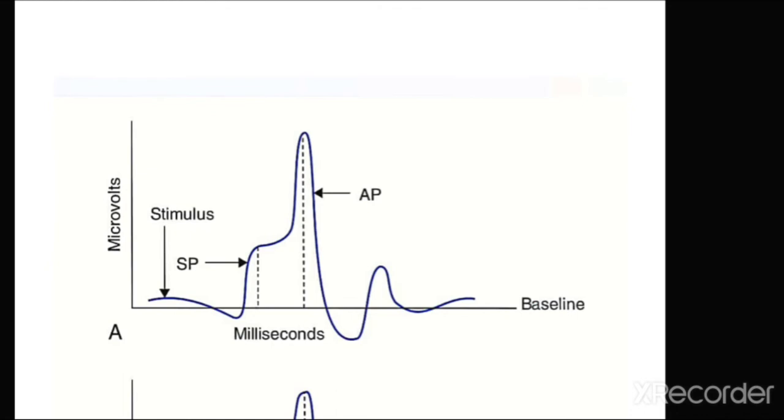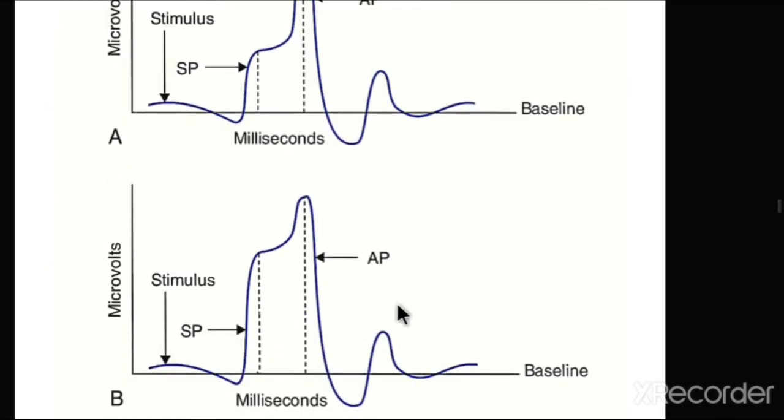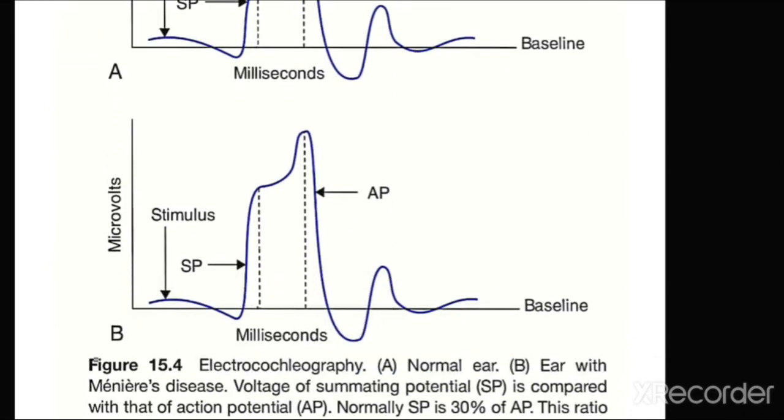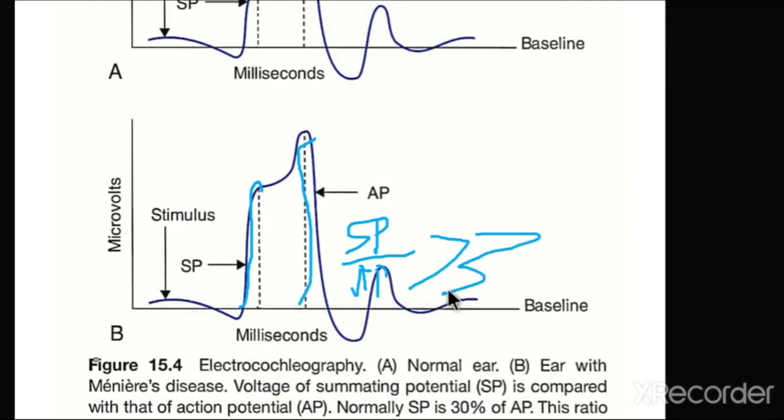But in Meniere's disease, the summating potential increases and the action potential remains the same, so the SP by AP ratio is greater than 30%, and it is seen in Meniere's disease.